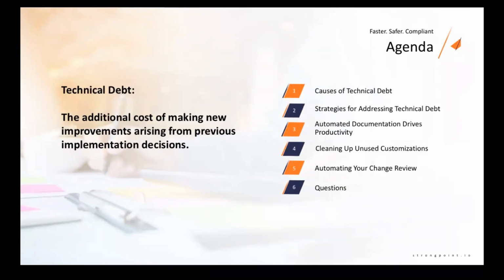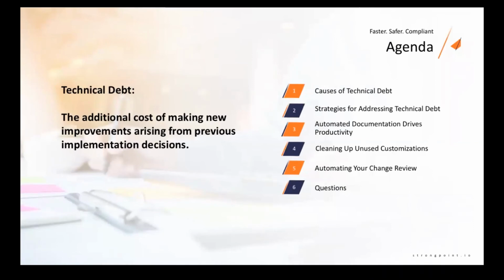And as we know, as you run NetSuite longer and longer, you have more and more complexity, or if you have a very large implementation, you get complexity right out of the gate. And what we're talking about is the cost of making the next change that depends upon what we did before. So we'll talk about the causes of technical debt. We're going to talk about strategies for addressing technical debt, rather than just the obvious strategy of potentially cleaning things up.